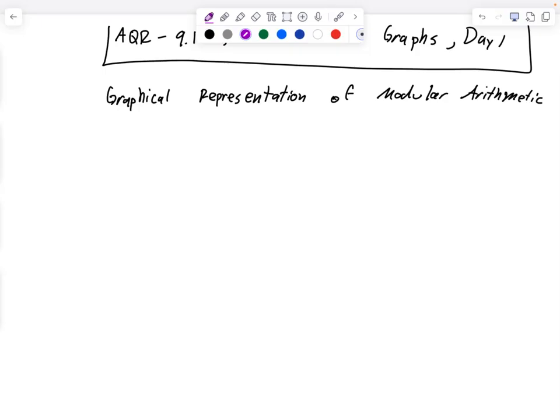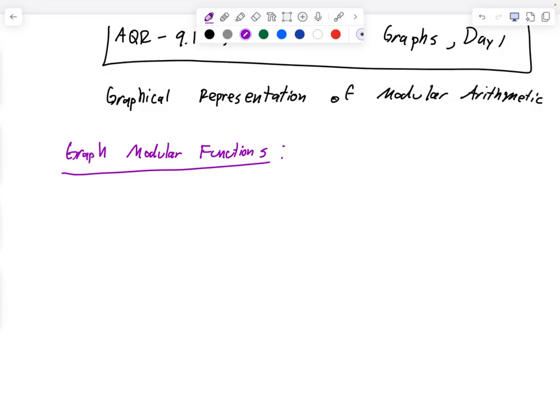And you're going to be asked to graph functions, graph modular functions, and they're going to look a little bit different than what you did in your do now.